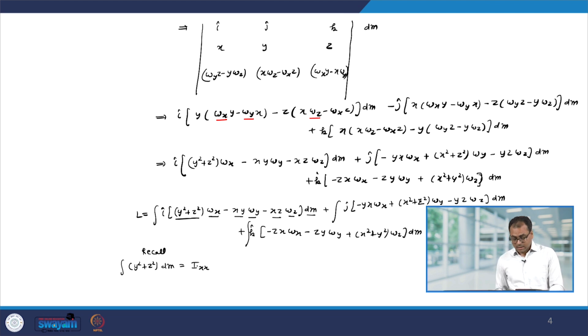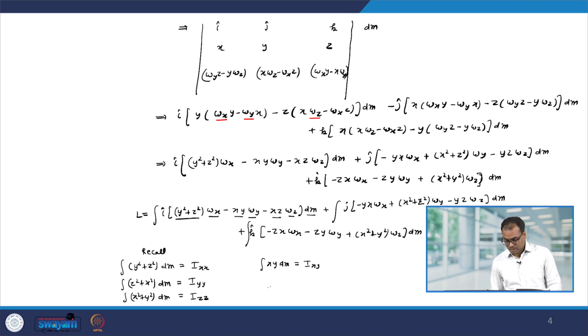So this is I_xx. Similarly the integral of (z² + x²) dm is the moment of inertia about the y axis, and the integral of (x² + y²) dm is the moment of inertia about the z axis. Similarly, the integral of xy dm is the product of inertia about the xy axis, the integral of xz dm is the product of inertia about the xz axis, and the integral of yz dm is the product of inertia about the yz axis.